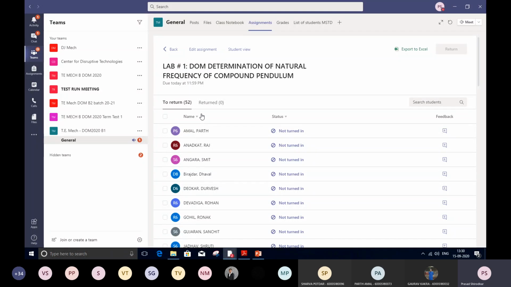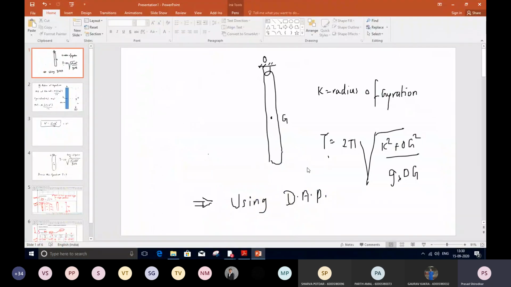Yes, sir. Okay, now you have to submit the derivation of the one which I have just shown on the screen. That is your T is equal to twice pi into root of k square plus OG square divided by g times OG. Alright. You can use D'Alembert's principle. If you want energy equation, you can use energy equation. Use any method. Write the derivation on a piece of paper. Take a photograph and submit it.